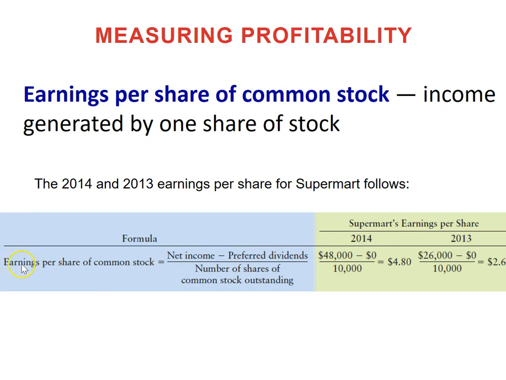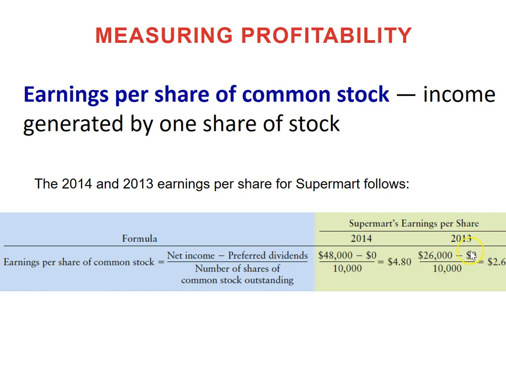It is called earnings per share of common stock. Earnings means net income, and this earning is only for the common stockholders, so you take out your preferred dividend. You then divide it by the number of shares outstanding. Again, the number of shares will be given.